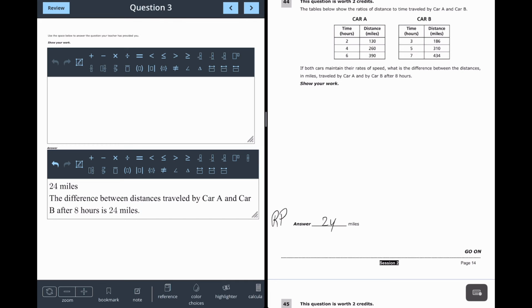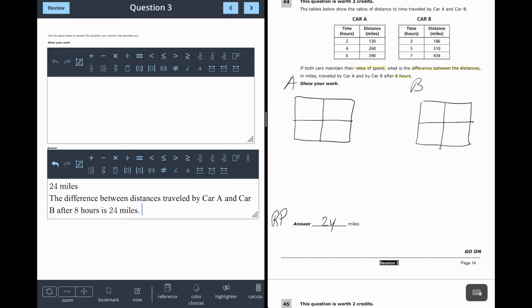So how do we get to 24 miles? So here we have car A and car B. Both cars have the same rate of speed. What is the difference between the distances after 8 hours? So what I'm going to do is 2 ratio tables. For car A, oops, I'm going to put it here for car A and here for car B, and we have distance and time.